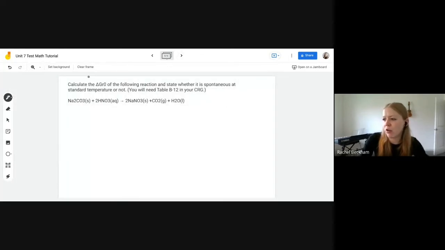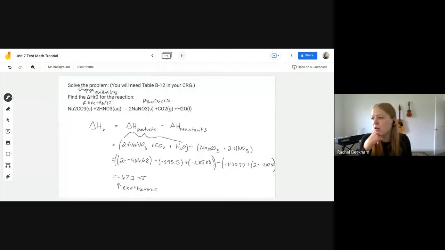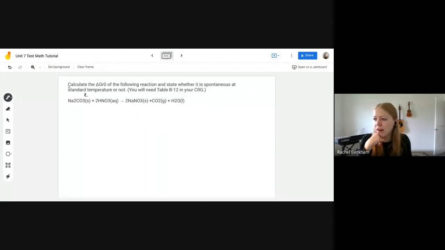The next question says, calculate the delta G of the following reaction and state whether it is spontaneous at standard temp or not. Now look, this is the same equation, right? These are our reactants and these are our products, but this time it asks us to find the delta G, okay? So it's going to be the same formula, except with G. Just like this, okay?